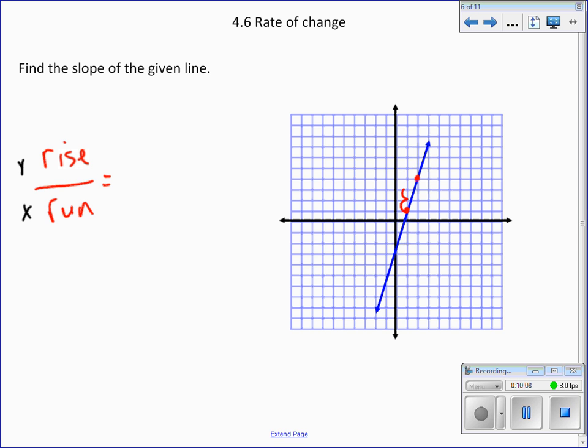If we go over, it's 1, 2, 3 spaces, so we're going to have to rise 3. Then we're going to have to go over 1 to get to that point. So we're at 3 over 1. We rose 3 and we ran 1, which would mean our slope, or m, would be 3.